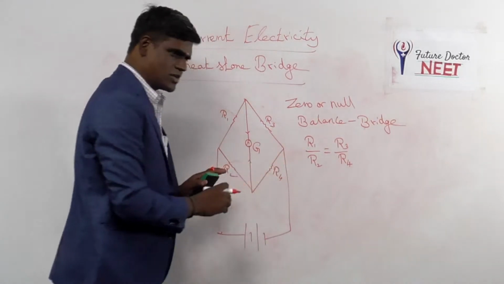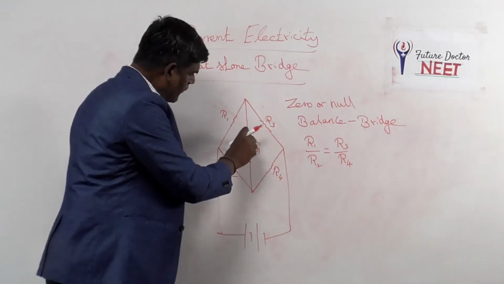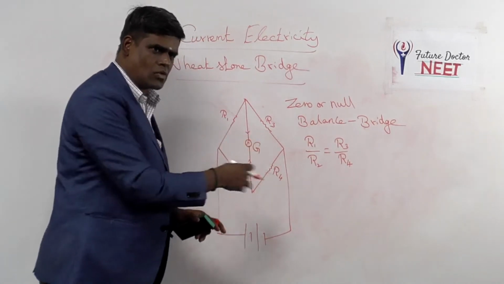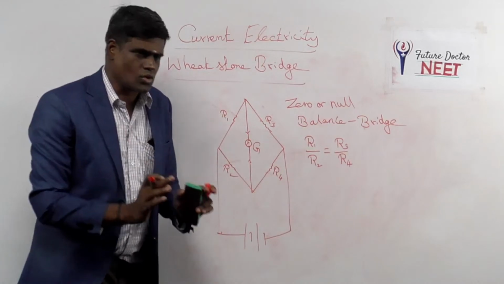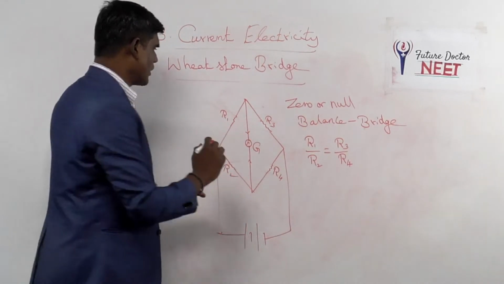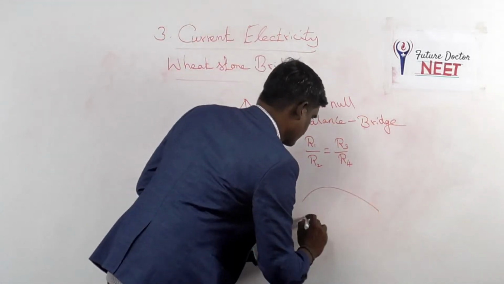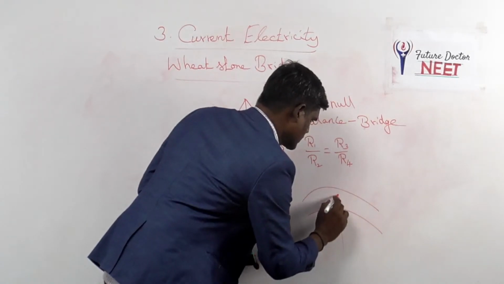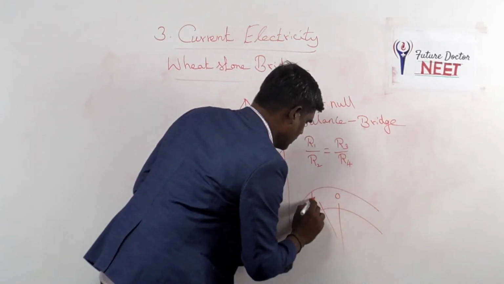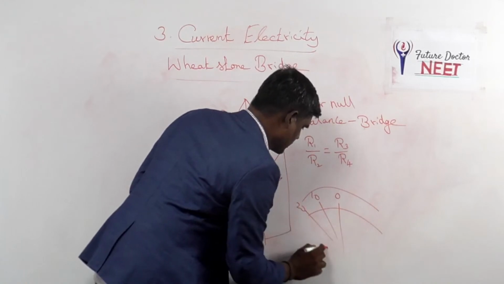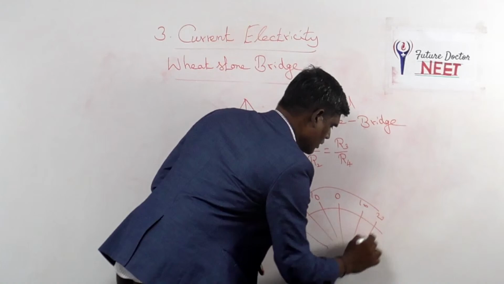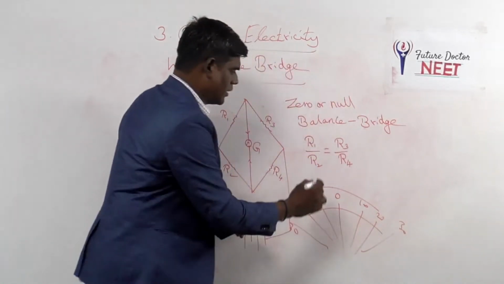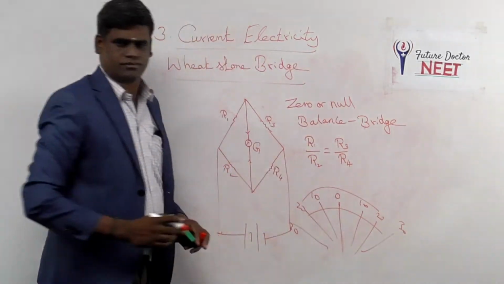For this to be possible or applicable, we have to adjust using a rheostat such that the galvanometer shows zero deflection. In a galvanometer, deflection will be there, center 0, and here 10, 20, 30 like that. Okay. 10, 20, 30 like that, and the middle deflection is 0.